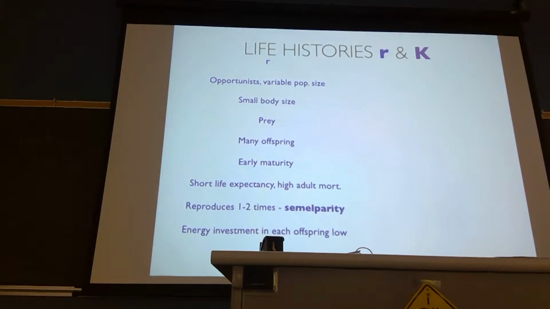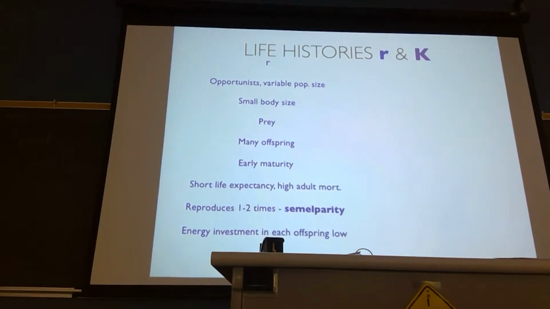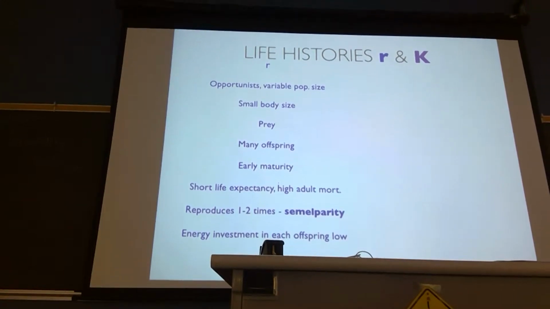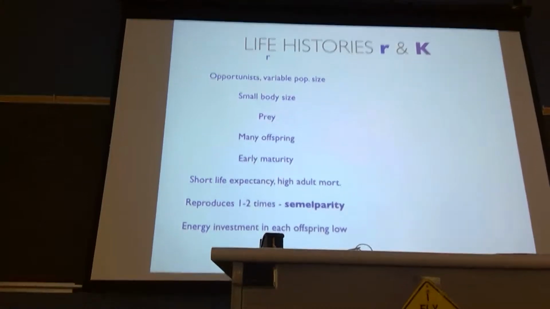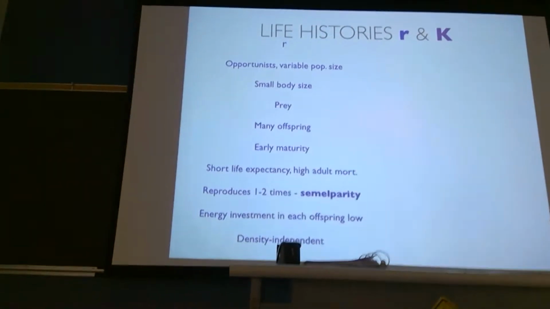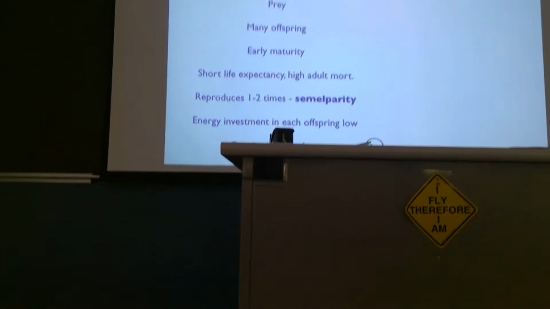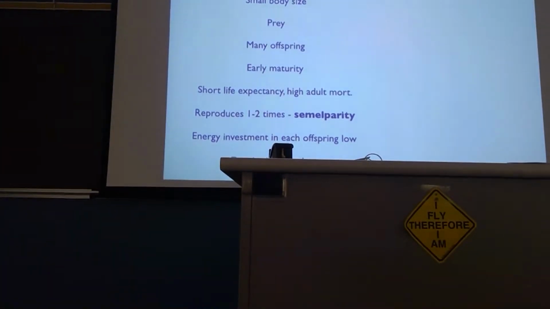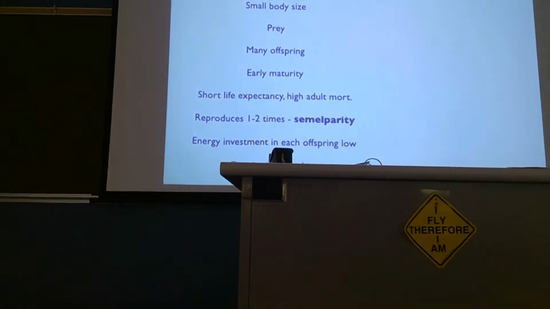They're opportunists in that if conditions are right, a lot of their babies can survive and their population will increase rapidly. But then, because they're opportunists, they'll overeat, they'll overuse, they'll go way past carrying capacity, and then they crash down to low population sizes. So they have really variable population size limits.